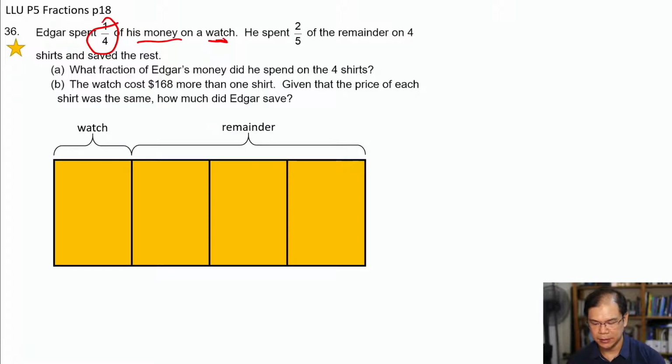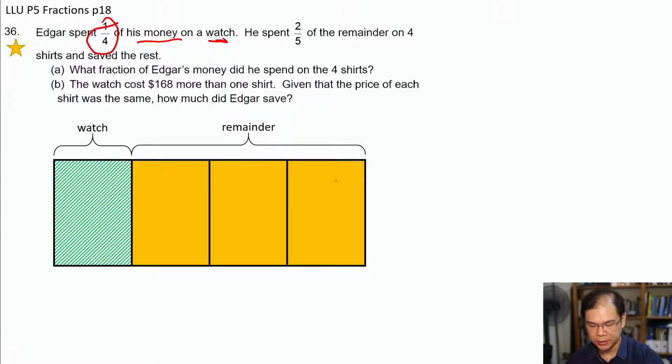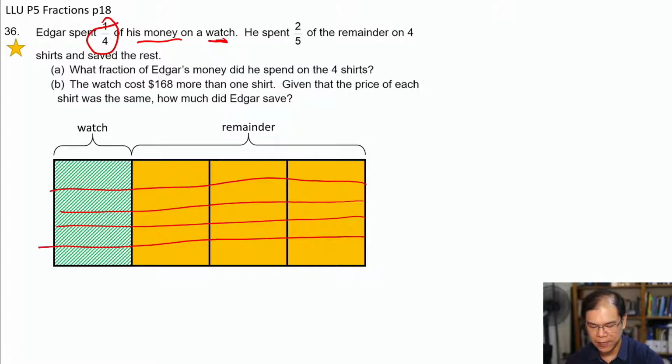Okay, he spent 2/5 of the remainder. By now you should have guessed I'm going to split or partition across, partition like this, so that I have a total of 5 rows. 1, 2, 3, 4, 5. Okay, why 5? Because 2/5, you see?